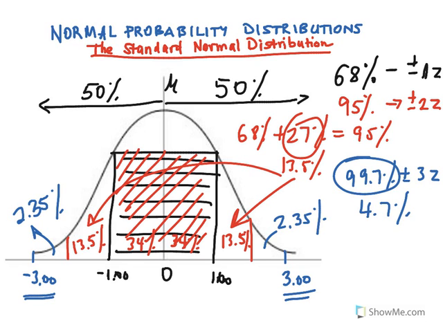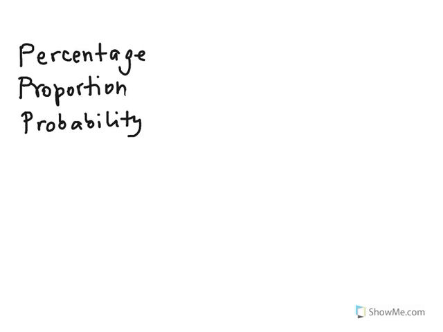Let's just talk about these concepts here: percentage, proportion, and probability. These are basically the same concept. A percentage, such as 50%, is usually used when we talk about a proportion of a population. So 50% would be 1/2 of a population.